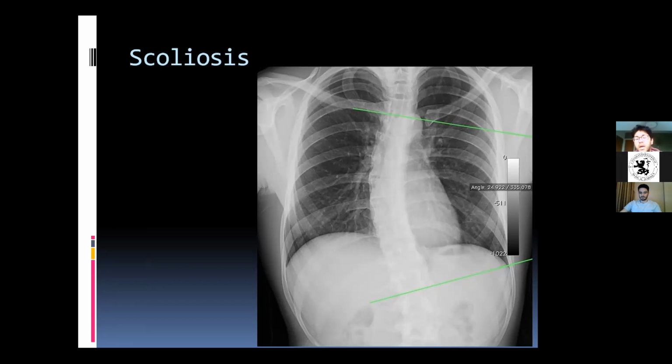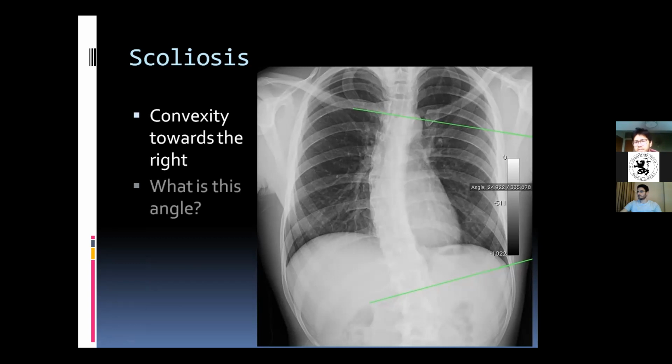Whereas kyphosis is more towards a sagittal view orientation. So in this case, we're talking about an S-shaped thoracolumbar scoliosis with the convexity to the right hand.